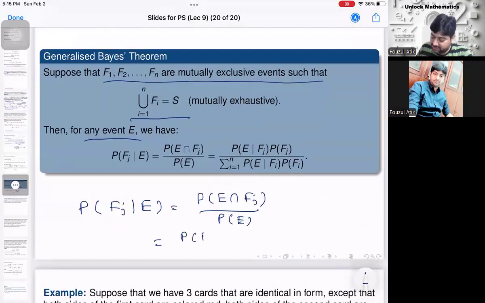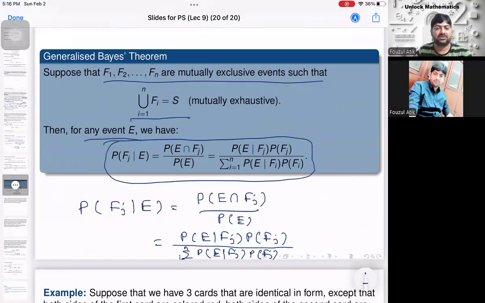It is P of E given Fj into P of Fj, divided by, using the law of total probability, that E is the sum of these events, the summation over i equal to 1 to n of P of E given Fi into P of Fi. This is called the generalized Bayes theorem. Sometimes you can see that this theorem is again very, very helpful. Correct? Let us have an example.